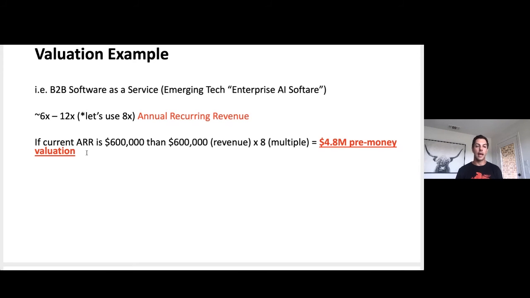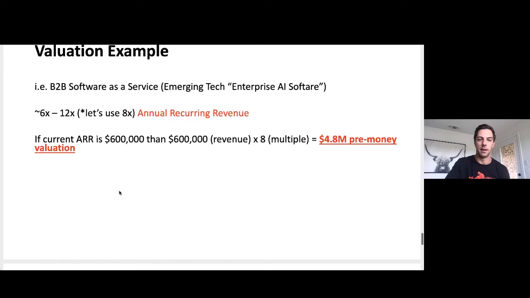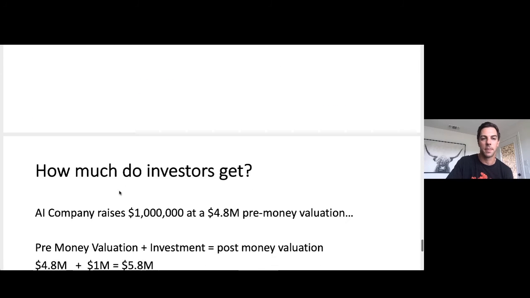If the current ARR, annual recurring revenue, is $600,000, the business is going to forecast it's going to make $600,000 if it doesn't add any additional revenue or any additional contracts. Then $600,000 multiplied by the revenue multiple equals a $4.8 million pre-money valuation. And that's how somebody can arrive at a basic pre-money valuation.